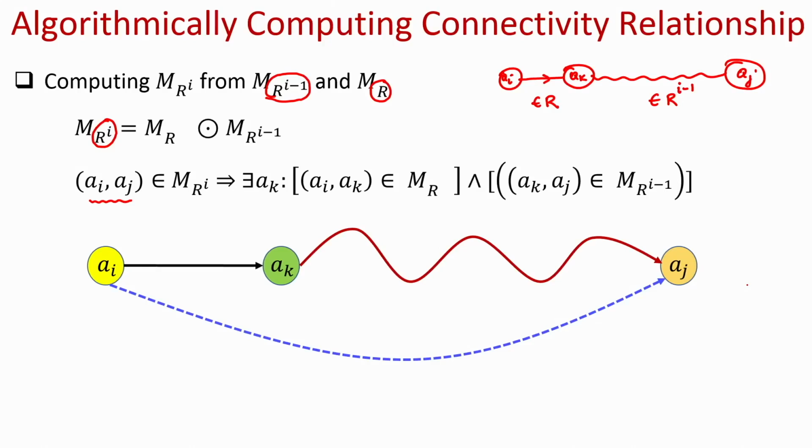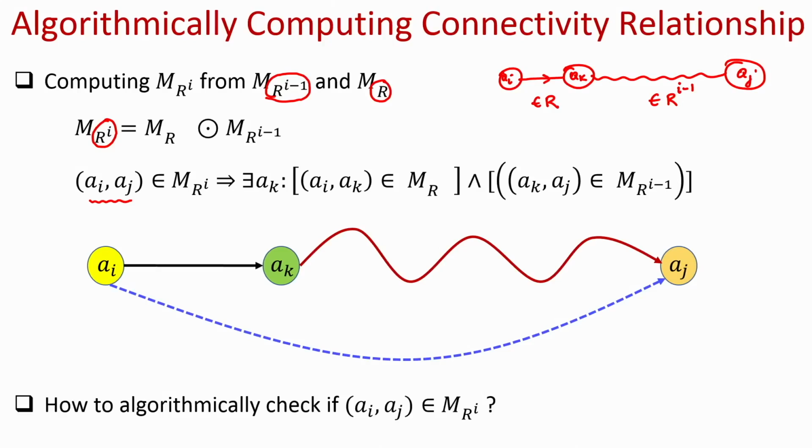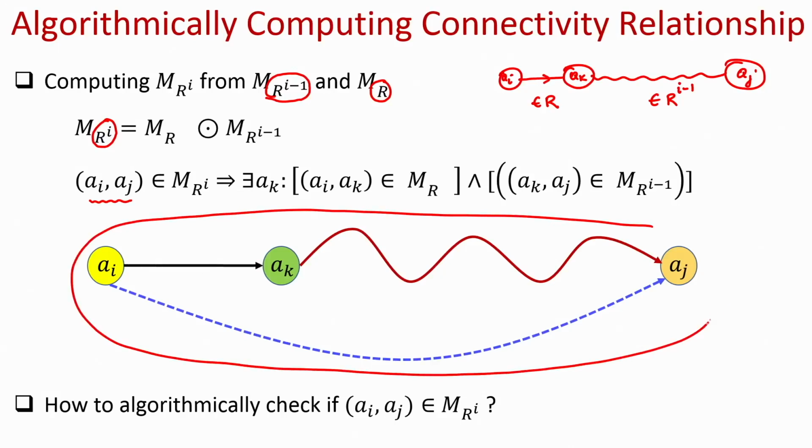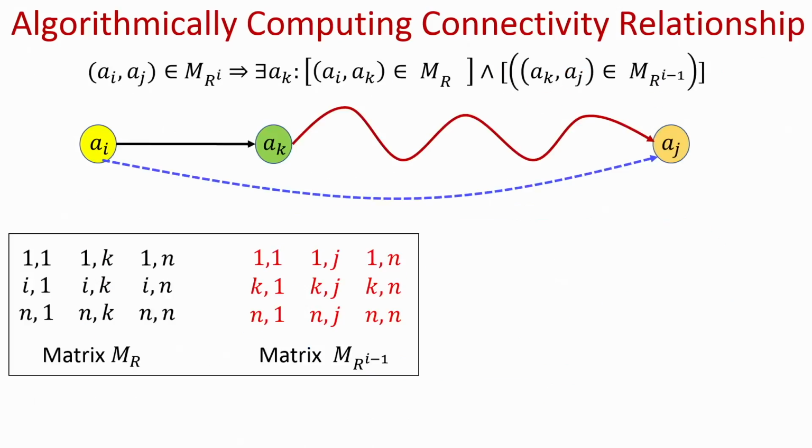If that is the case, then you will say that A i is related to A j in the ith power of the relation R. So, basically we have to check whether this structure is present in the graph of relation R or not. If this structure is present, then we can say that A i is related to A j. Now, how do we check this structure?